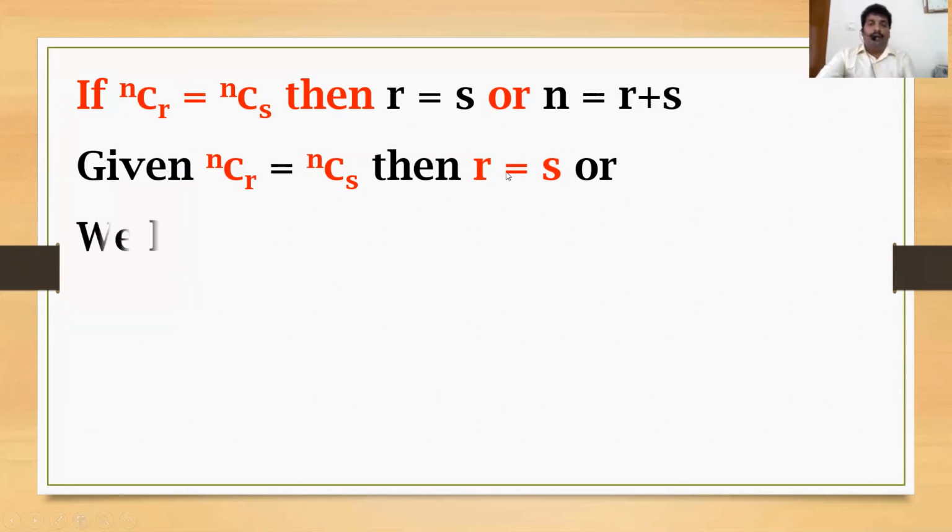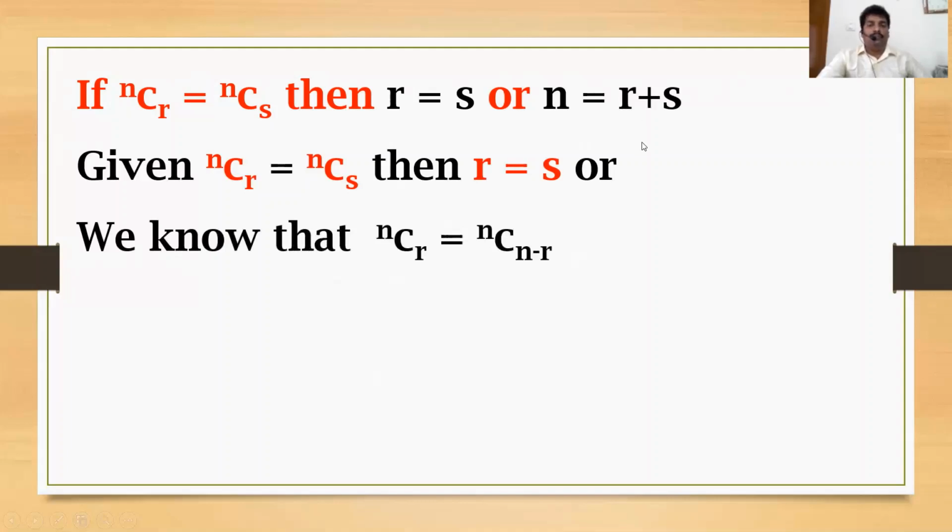Next, the second part, n is equal to r plus s, you have to prove. So we know from the previous slide that nCr is equal to nC(n minus r). So in the place of nCr, we can write nC(n minus r). Here nCr is equal to nCs is the given thing. In the place of nCr, I wrote nC(n minus r) using the previous formula. So nC(n minus r) is equal to nCs.